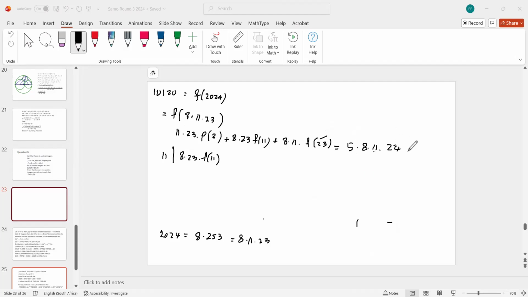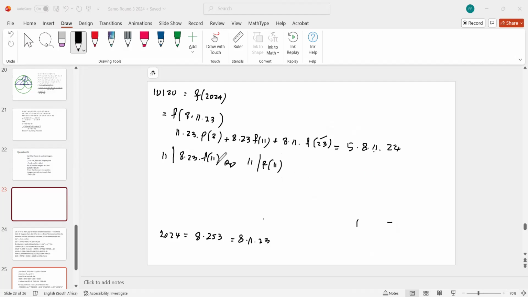So when you bring all to the other side, you have 11 times z minus x minus y, whatever it is, but it's 11 times something. So 11 is a factor of this number here. But watch that 8 times 23 and 11 have no common factors. So if 11 is a factor of this, 11 will have to be a factor of f of 11. Because these two have no common factors.